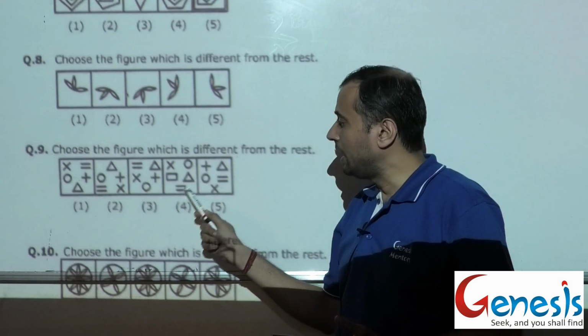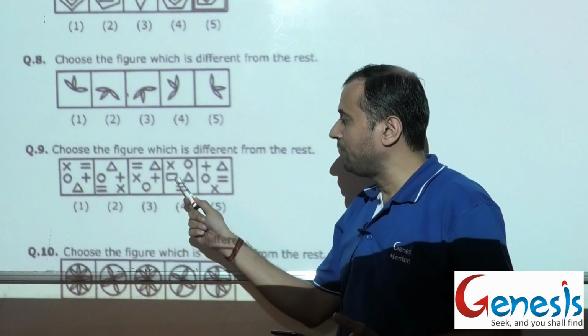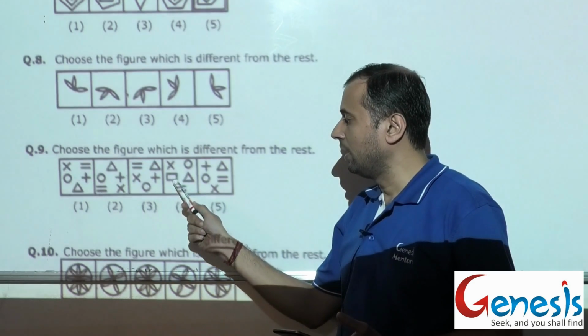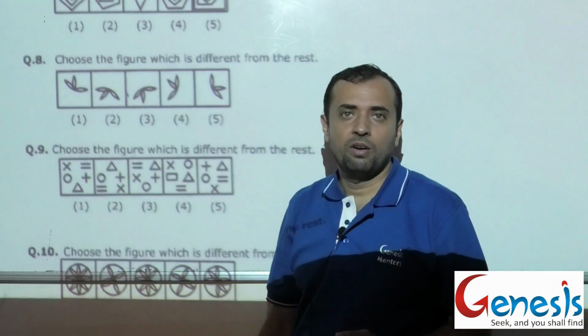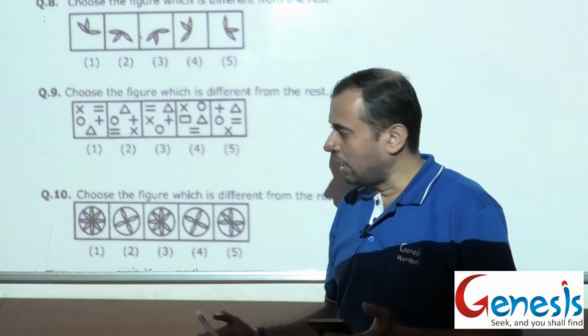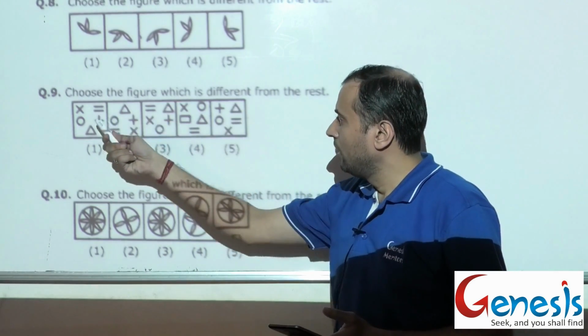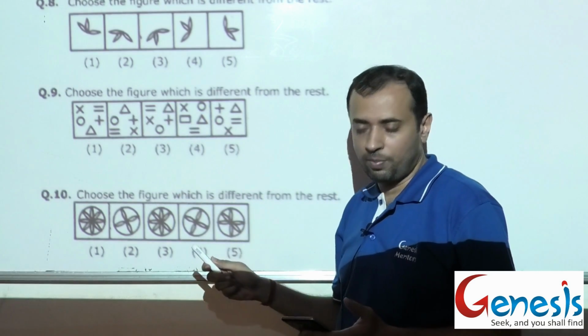No plus here. It means this is the odd man out. Instead of this rectangle, which is the odd figure, I should have a plus sign here, and hence my 4th figure is going to be the odd man out. So sometimes you just need to be very proactive to find out what the pattern is, which symbol is missing from the frames.